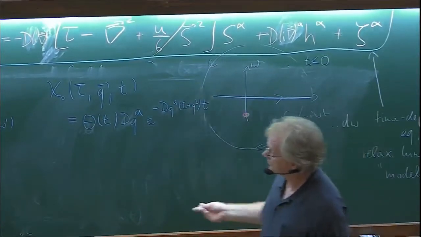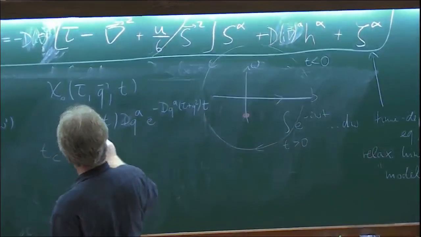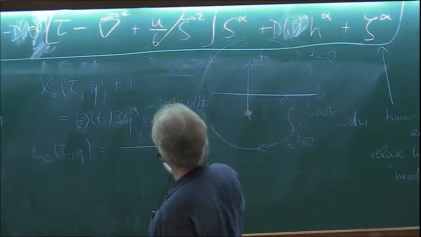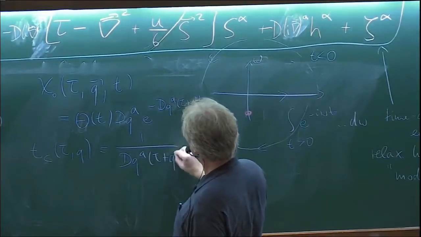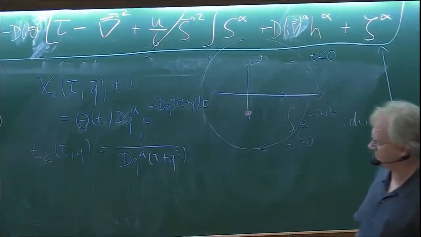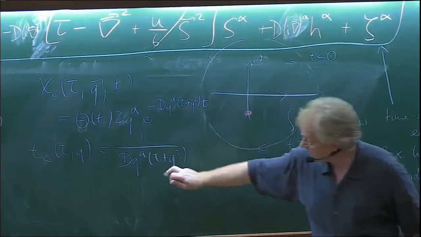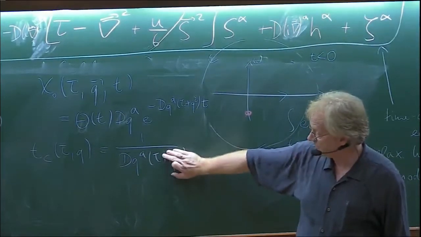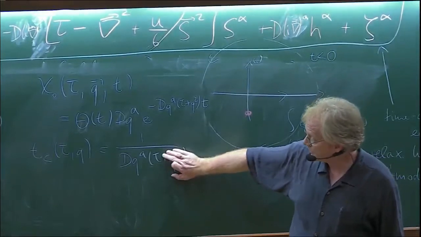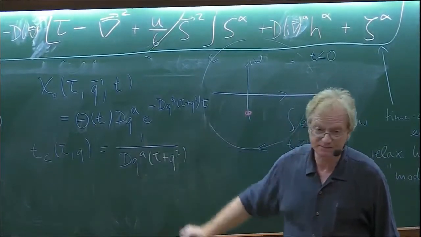Right? So you see that the characteristic relaxation time is the inverse of that. So let's be away from the critical point where tau is positive. And if tau is positive, we really don't need this term here. And we see for model A, we just get 1 over d tau, where this is 1.